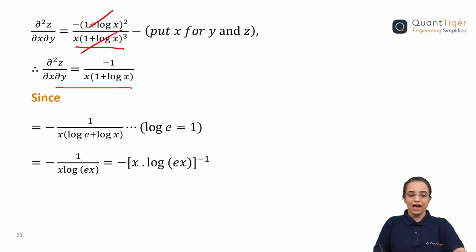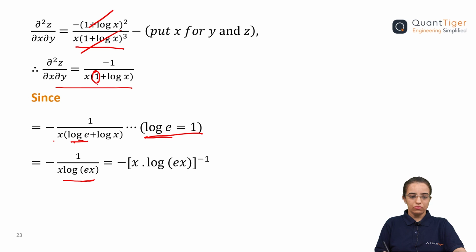Now if you look at the RHS, we don't see any 1, that is given in the form of log e. So think about how we can get log e. We know that instead of 1 we can write log e. So I just introduced that log e over here, and by using the log rule I have written it like this. Now here log e's value I have written as 1.